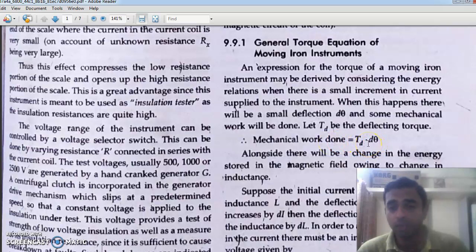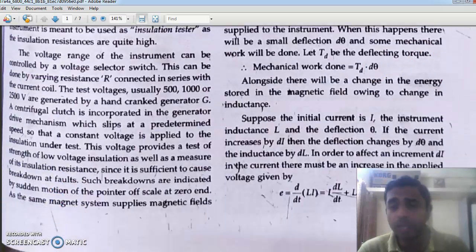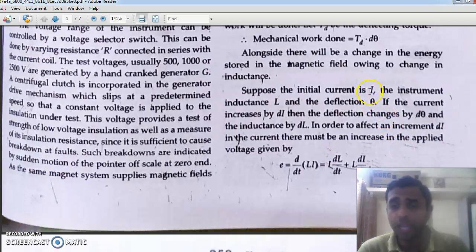Remember, when there is a small increment in current, there is a small deflection d theta, and that is actually due to the deflection torque Td. Hence, the mechanical work done is equal to Td d theta. Now, initially the current was I, initially the inductance was L, and initially the deflection was theta.